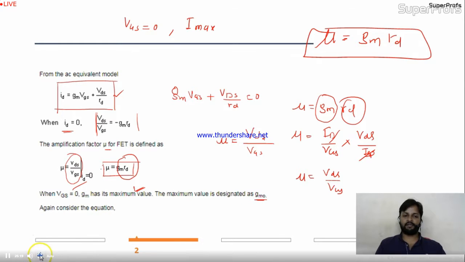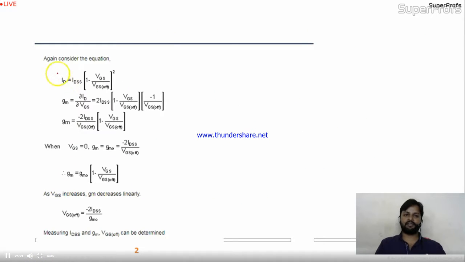Again consider the equation. See, this is the equation: ID equal to IDSS into 1 minus VGS by VP whole square. If you want to get GM, the definition of GM was del ID divided by del VGS. So we differentiate with respect to VGS.